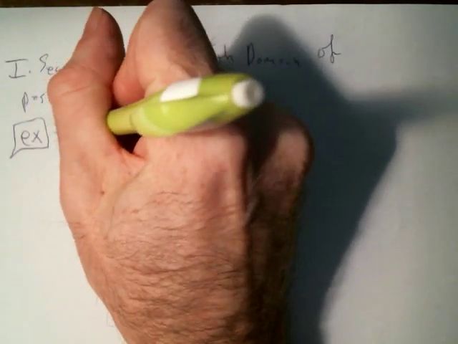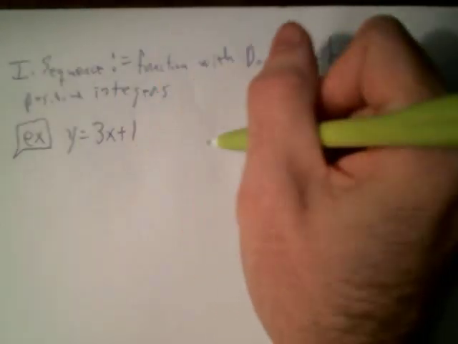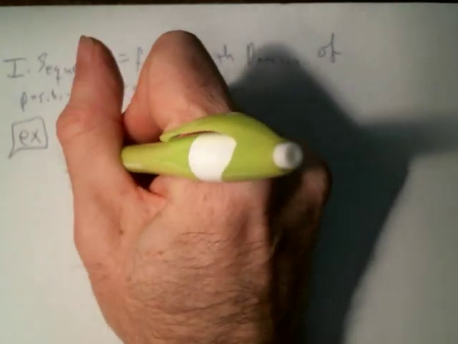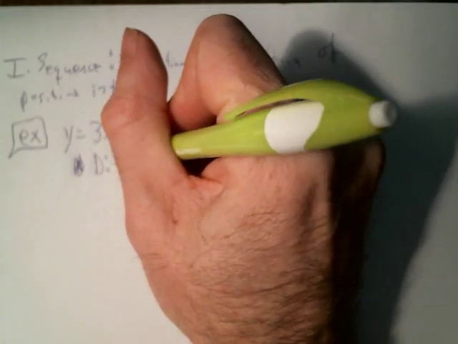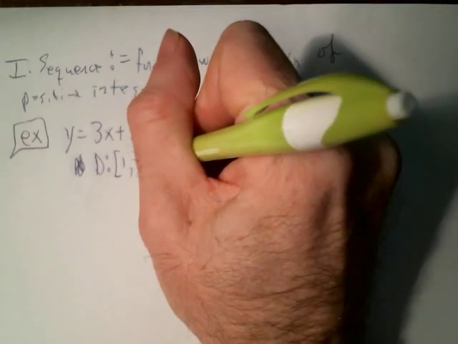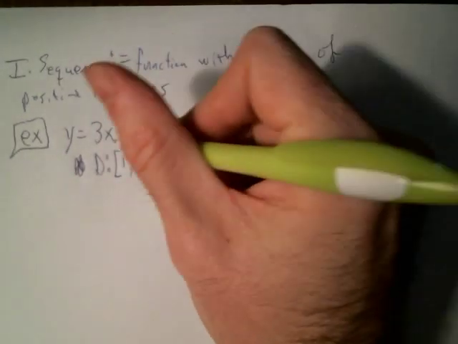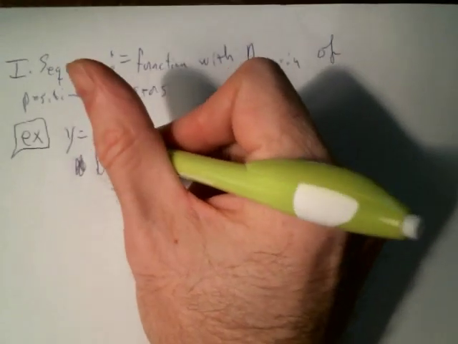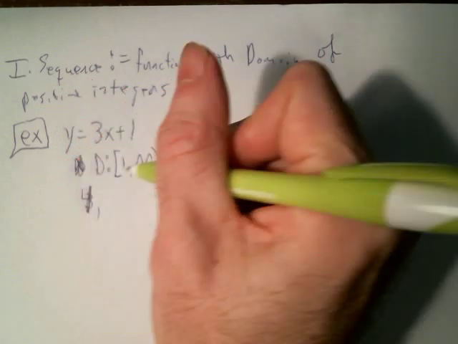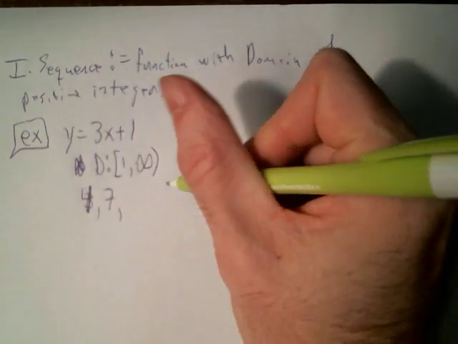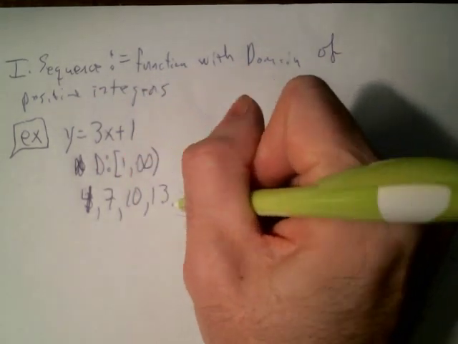For example, y equals 3x plus 1 you could think of as a sequence just by considering the domain, let's write domain D, to be the numbers from 1 to infinity. In that case, the output of this function will be, if I put in 1, I get 3 plus 1, which is 4. If I plug in 2, I get 6 plus 1 is 7. If I plug in 3, I get 9 plus 1 is 10, and so on and so forth.